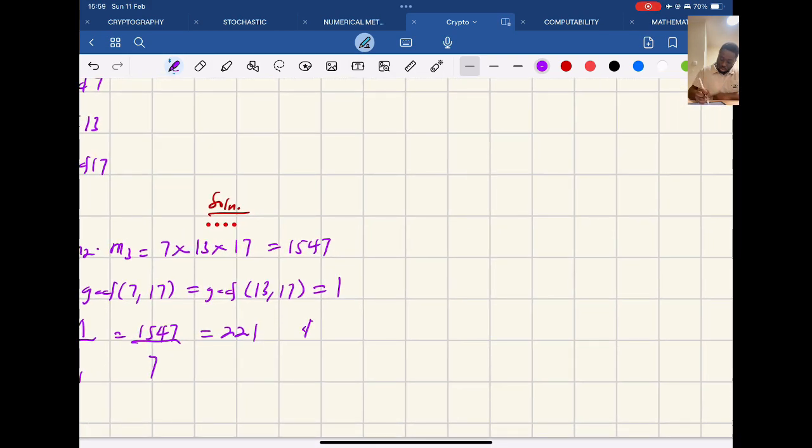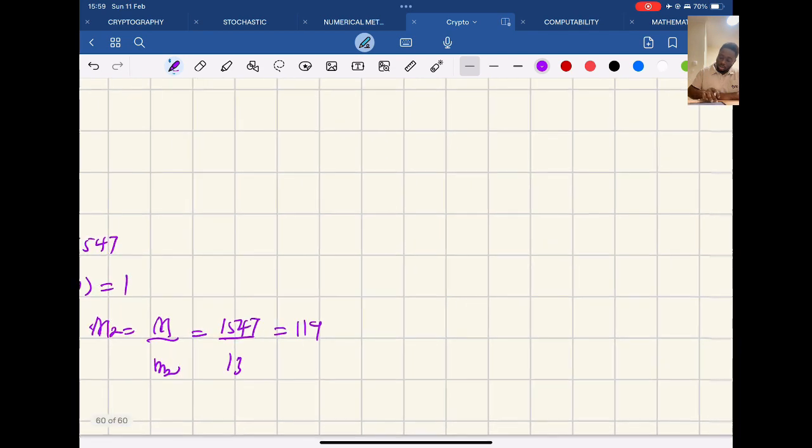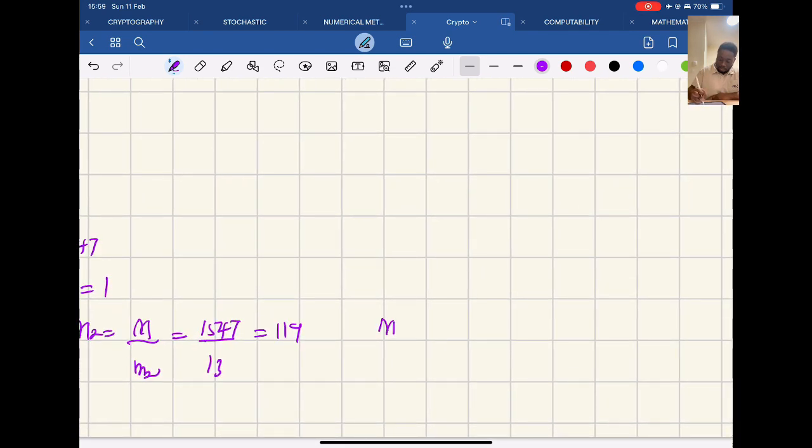Now M2 is also your big M over small m2, so 1547 over 13. We are going to get 119. Then M3 is equal to big M over small m3, which is 1547 over 17, and this will give you 91.